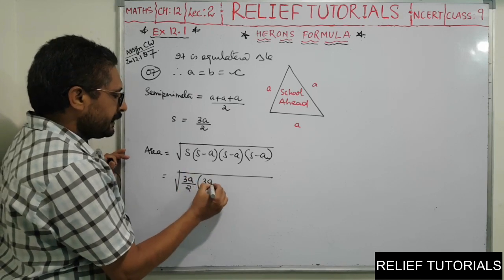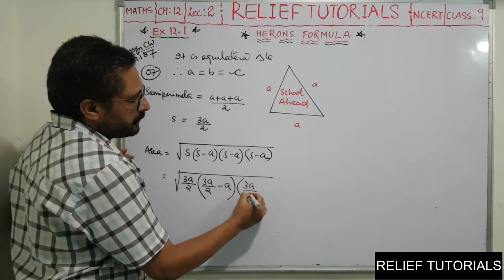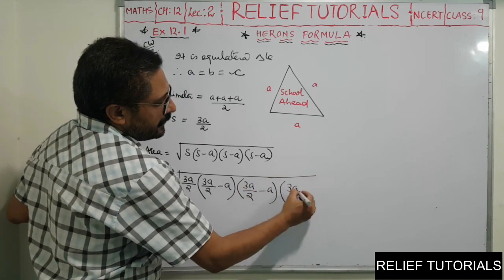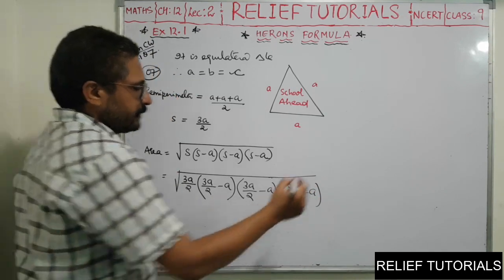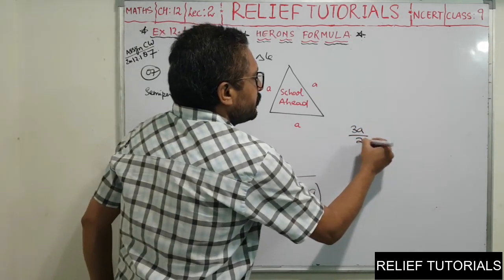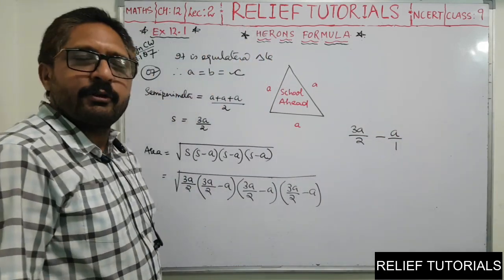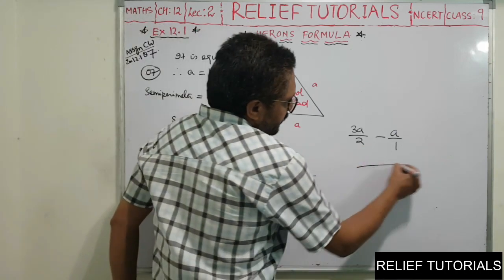Now here 3A by 2 minus A. See, now we have to find this value. 3A by 2 minus A by 1. Now if you want to subtract these two, you have to find the LCM. They are fractions. So what will be the LCM here?